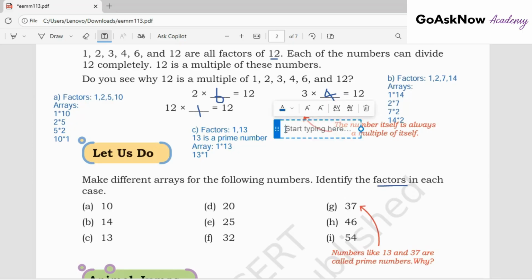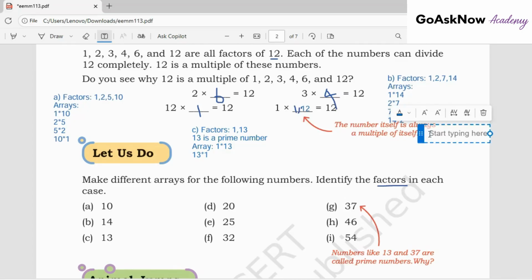Next, for part D, the number is 20. Calculating for part D, the factors are 1, 2, 4, 5, 10, 20.